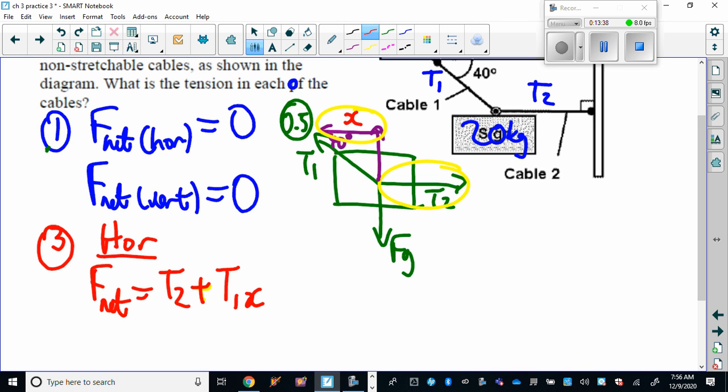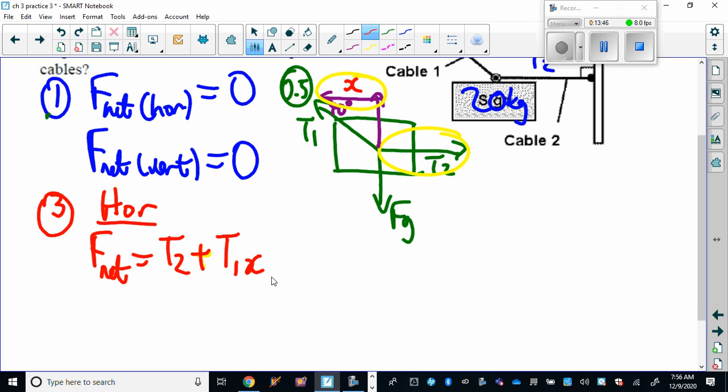Okay, and remember, we know that F net is 0. Now at this point, we're kind of jammed up on the horizontal, so let's write a net force statement for the vertical. The vertical will be the same thing. The net force equals, so what's acting vertically here? Well, clearly gravity is vertical.